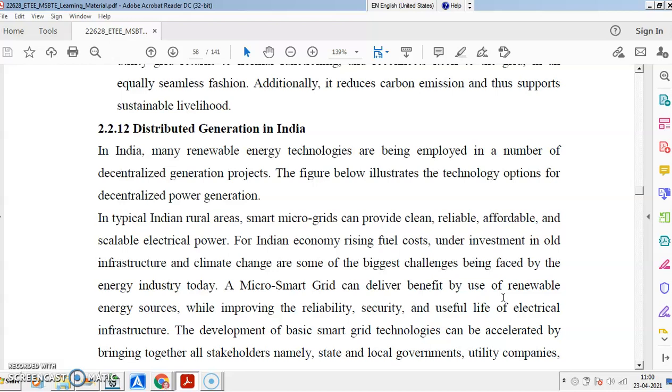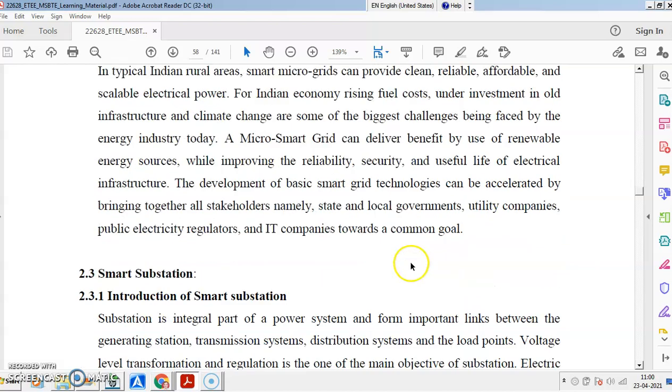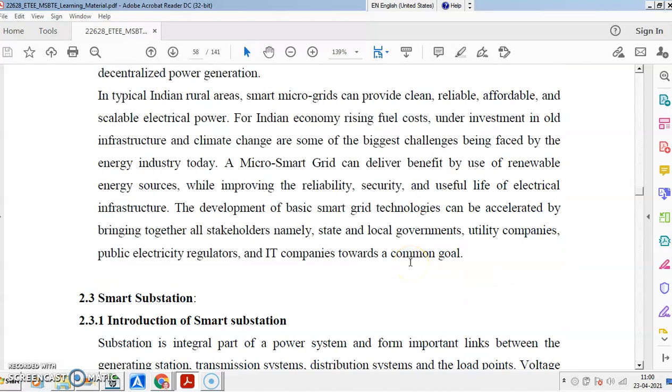The figures we have give some options for decentralized power generation as far as India is concerned. In typical Indian rural areas, the microgrid can provide clean, reliable, affordable, sustainable, scalable electrical power.